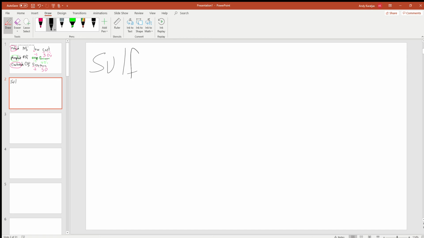Sulfate. So this one we're going to have to go for a little bit more of a reach to come up with a phrase, but sulfate is SO4 2-. And you could kind of think of sulfate as sole fate.